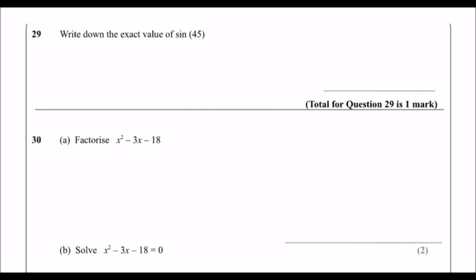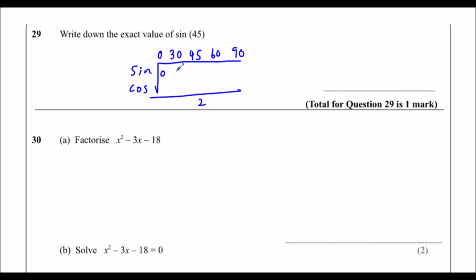Question 29. Write down the exact value of sin 45. So I use this to remember. So I've got sine and cos, a big square root sign, and everything over 2. So we've got 0, 30, 45, 60, and 90.